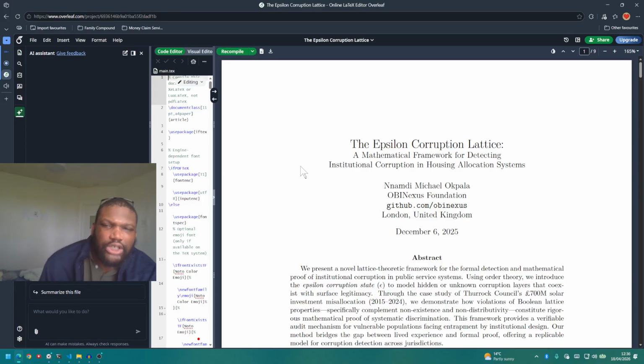This is corruption in the house allocation system. So this is the epsilon corruption lattice, basically another lattice for handling corruption, a kind of memory corruption, and a kind of money corruption, what we call liquidation. So we basically liquidate money, and develop a system that handles money via liquidation.